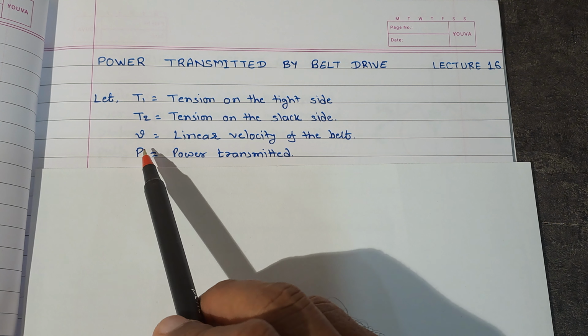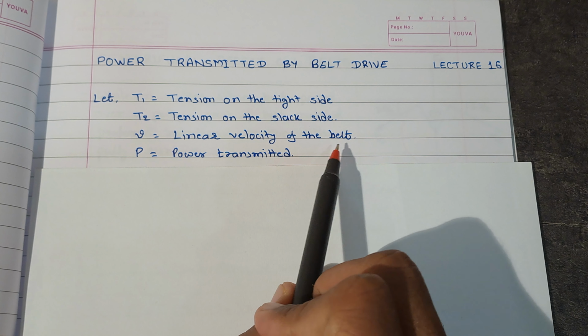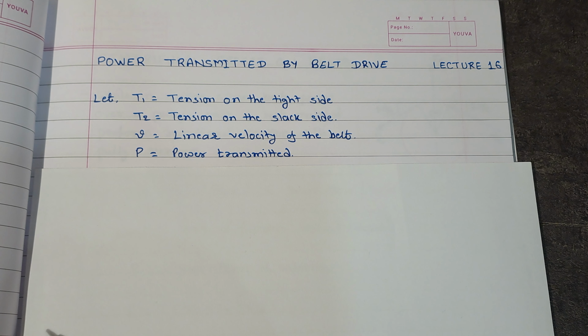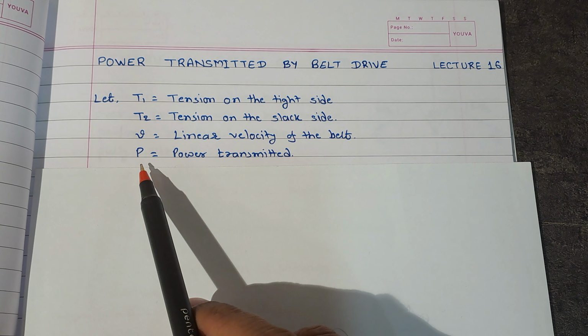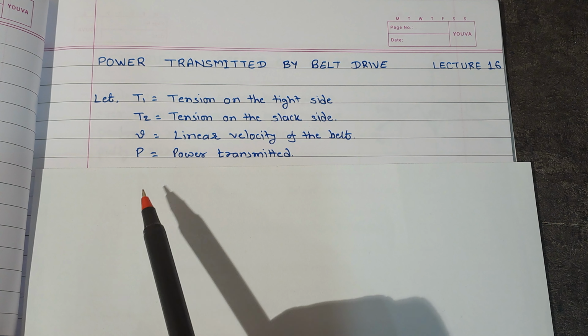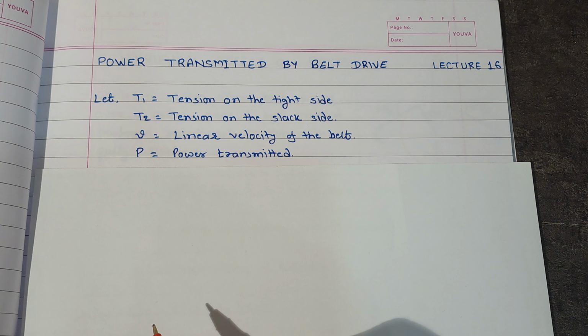Let V be the linear velocity of the belt when the drive is in moving condition, and let us denote the power transmitted by the belt drive as P.